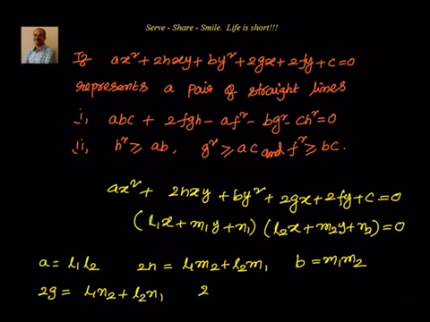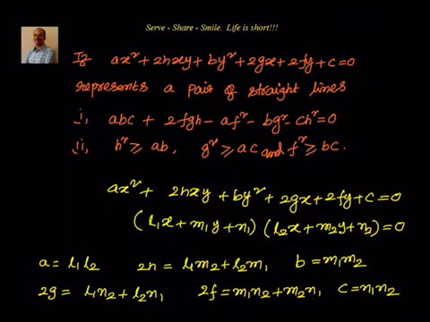Similarly, 2f is when y comes: M1y is multiplied with a constant term and M2y is multiplied with a constant term. So I can write 2f = M1 N2 + M2 N1, and the last one is the constant. C comes whenever you multiply two constant terms. So c = N1 N2.